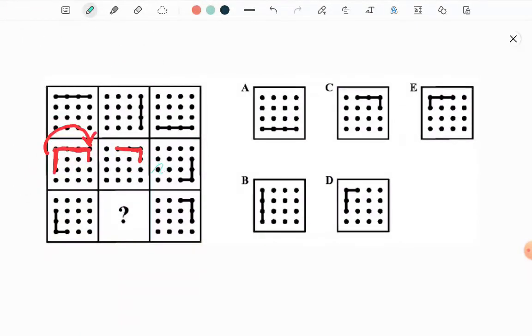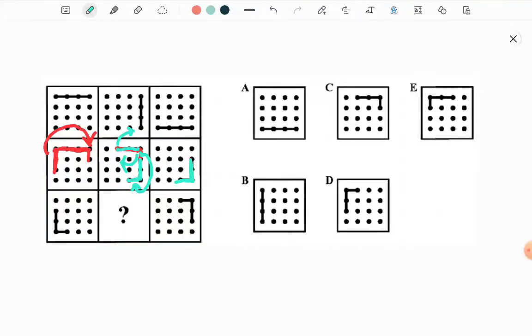Applying another 90-degree rotation, we know that this should come here, and this part rotated 90 degrees this way should be here, which is what we see.